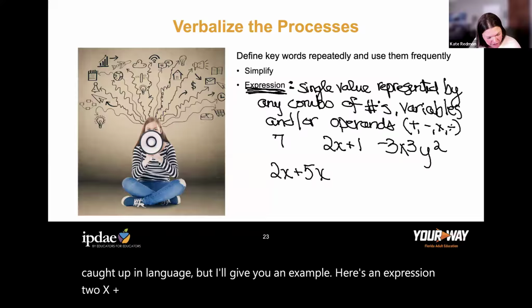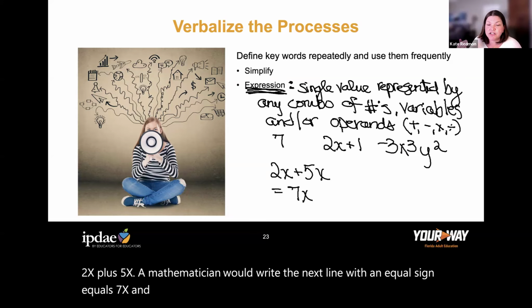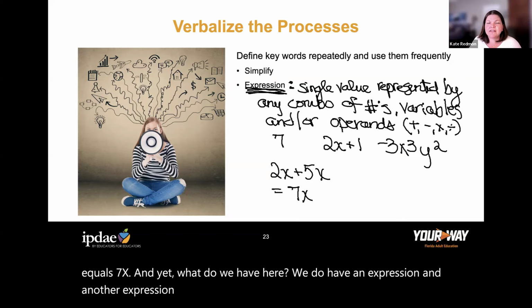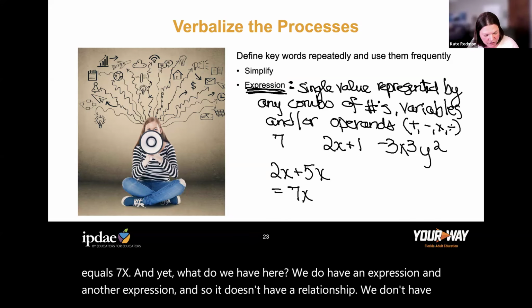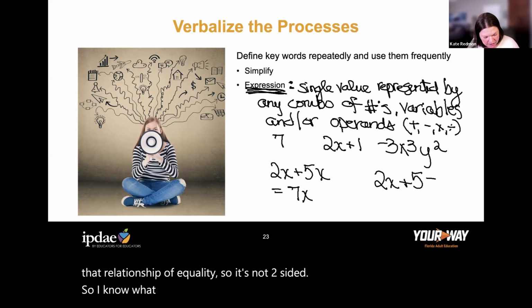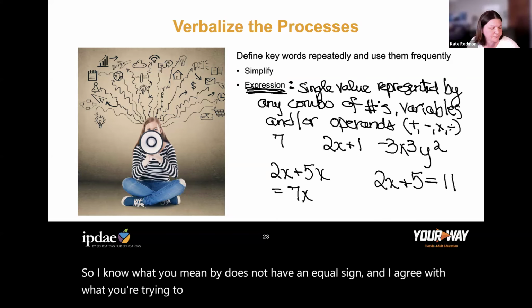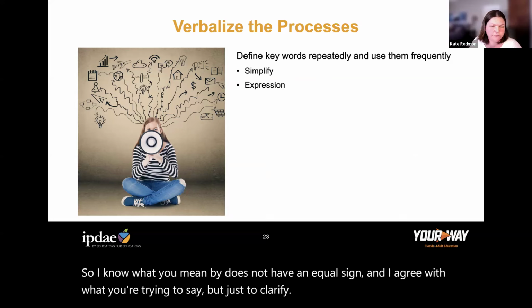A mathematician would write the next line with an equal sign, equals 7x. And yet, what do we have here? We do have an expression and another expression. And so it doesn't have a relationship. We don't have that relationship of equality. So it's not two-sided. So I know what you mean by does not have an equal sign, and I agree with what you're trying to say. But just to clarify, so nice job.